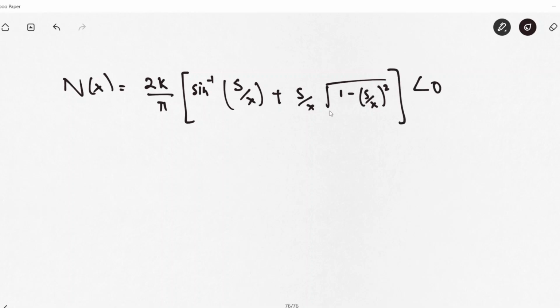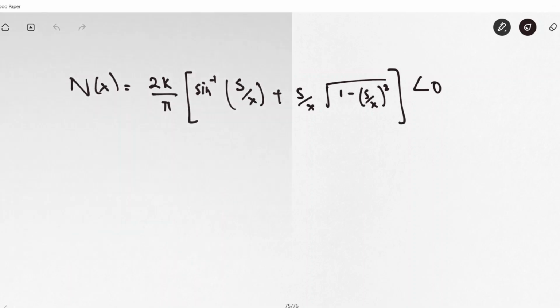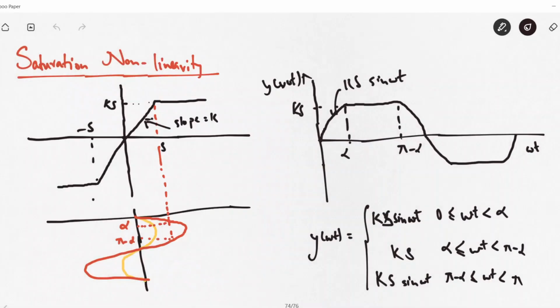So this is the magnitude of the describing function along with the phase angle 0. So this is our describing function for the saturation effect.